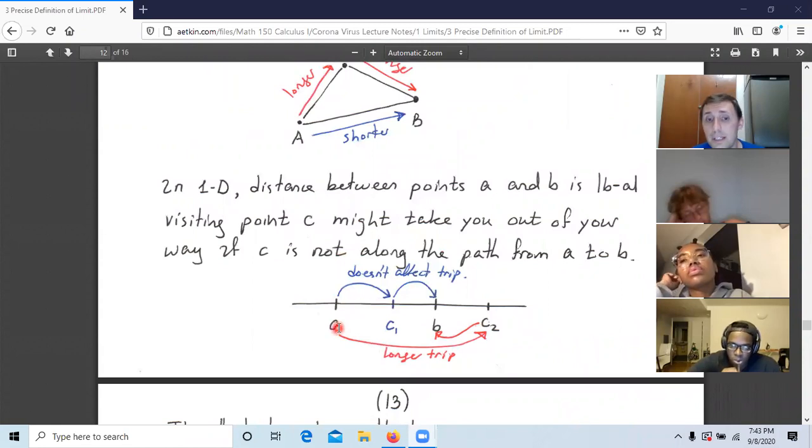So basically, if you visit position C, either your distance is the same or the distance is bigger. If your goal is to go from A to B and you visit an intermediate point C, if it's along the path, your trip is not made longer. But if it's outside of the path, then your distance is made longer. Or in here, you see, if you go from A to C and then from C to B, your distance can be made longer.